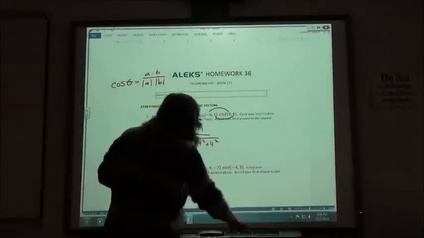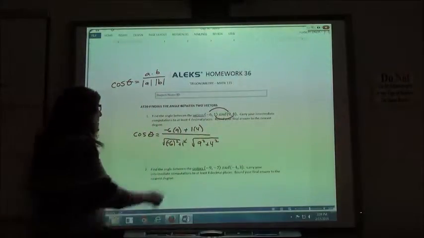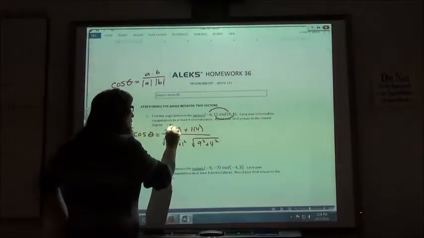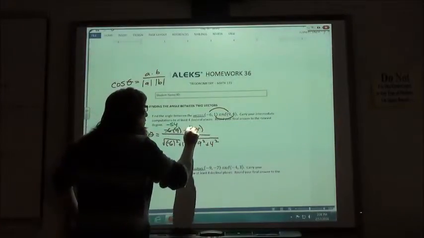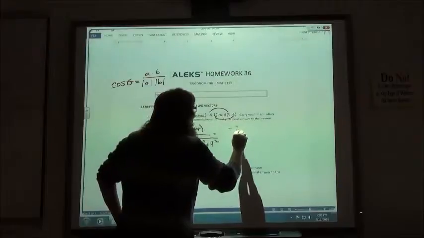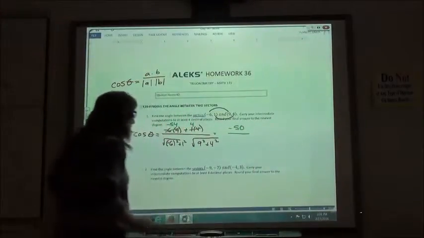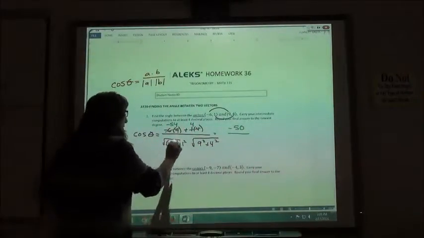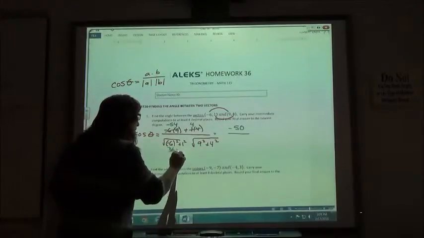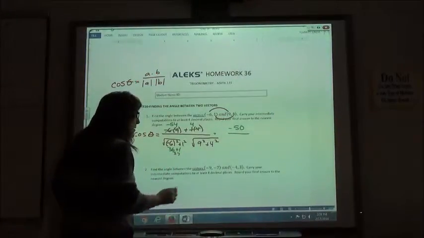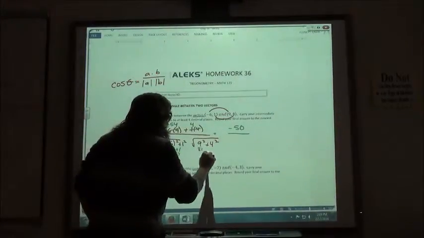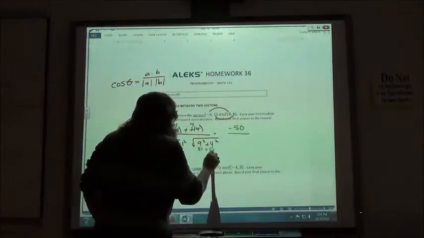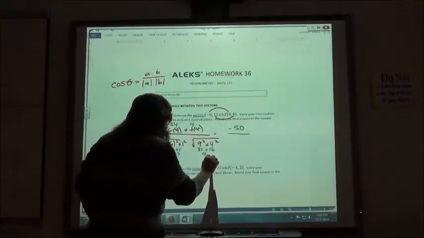So, simplifying that mess. This would be negative 54 plus 4, so I would have negative 50 on the top. On the bottom, this is going to give me 36 plus 1, which is 37. This is going to give me 81 plus 16, which is 97.